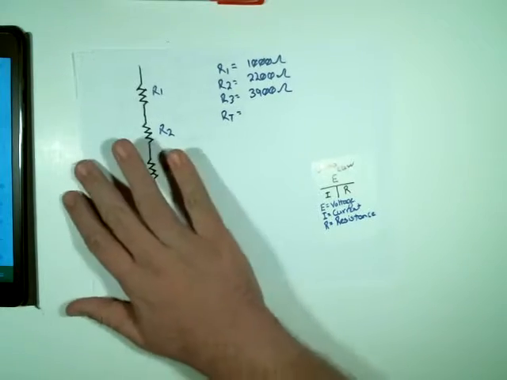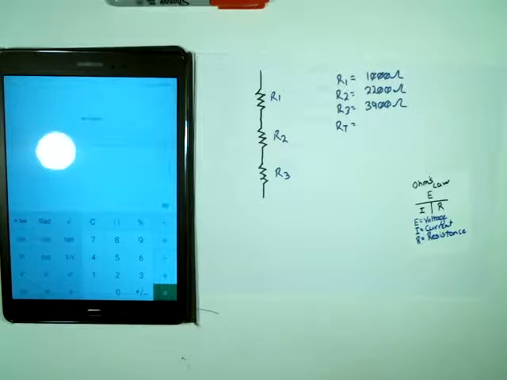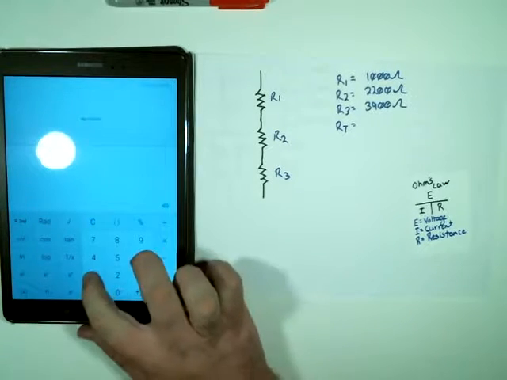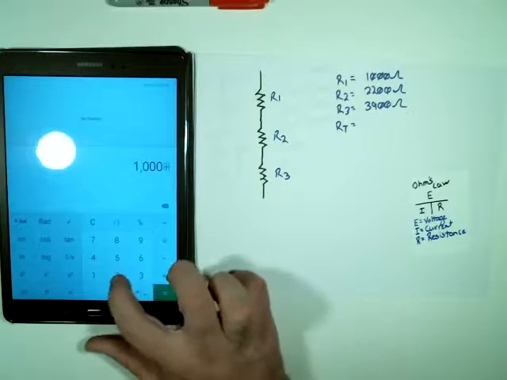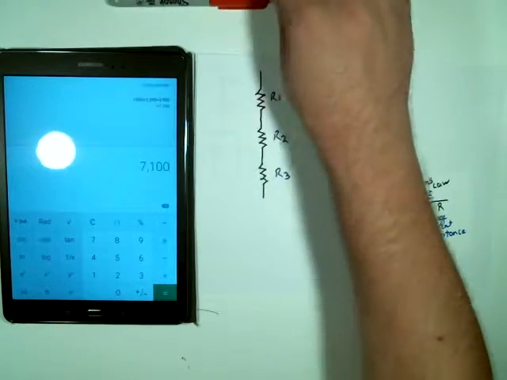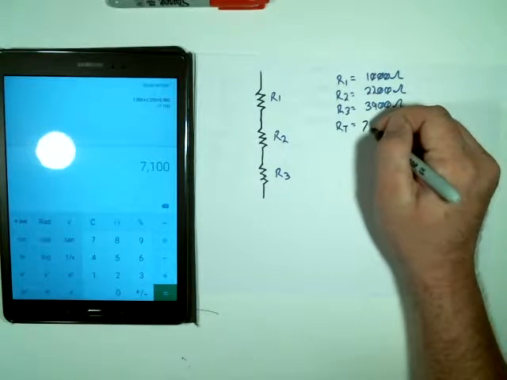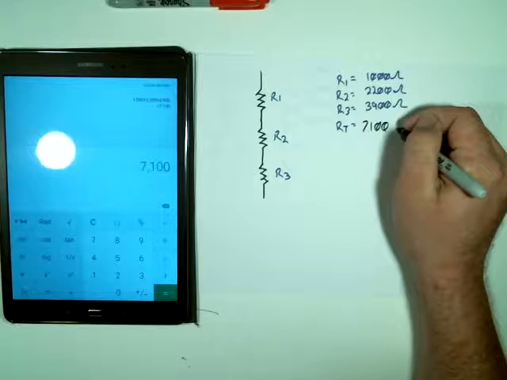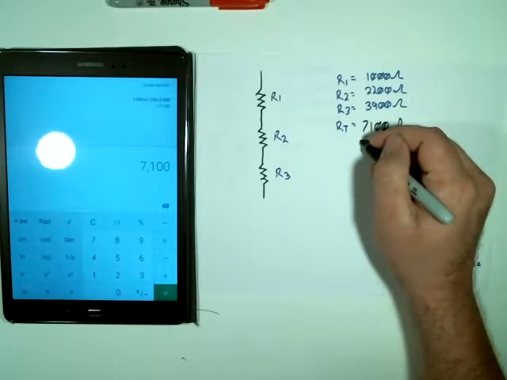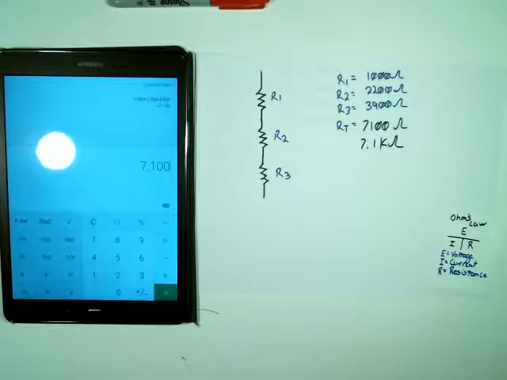Now, remember, resistance is additive, so all we do is we add those totals. So 1000 plus 2200 plus 3900, and it's easy enough. RT is 7100 ohms or 7.1 k ohms.